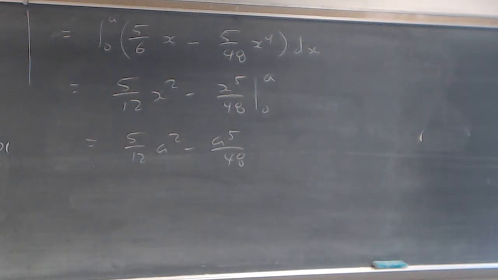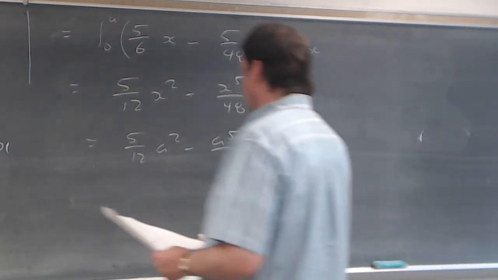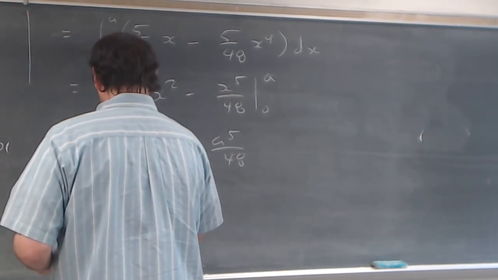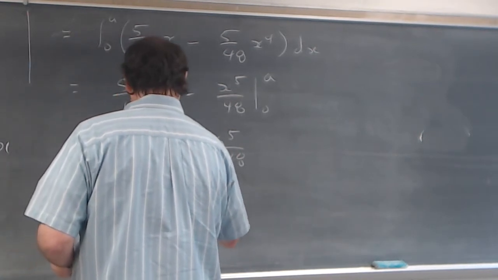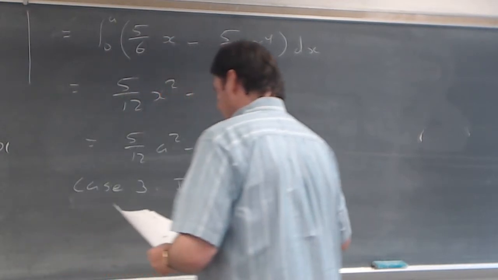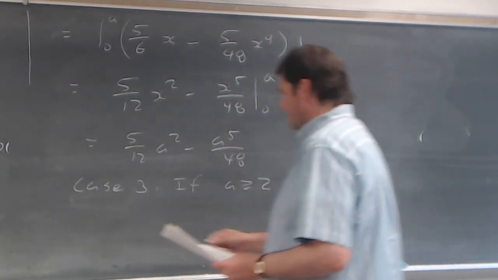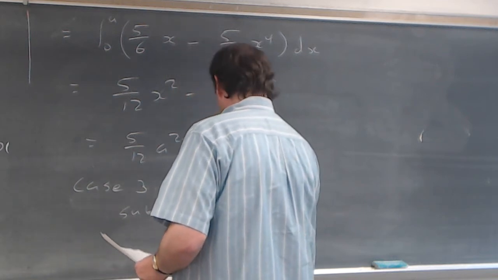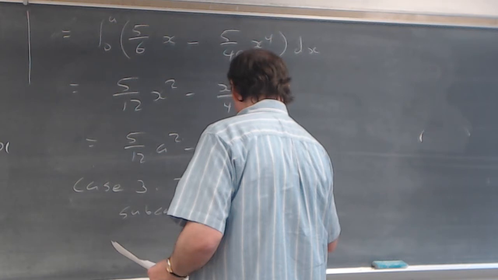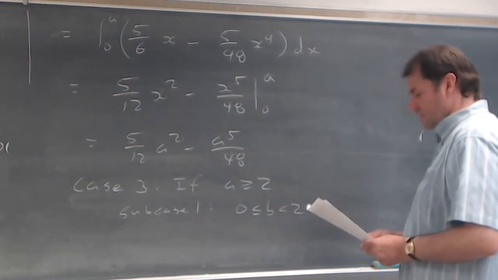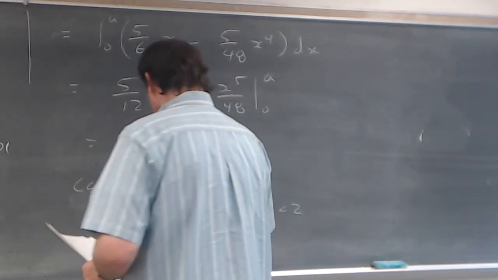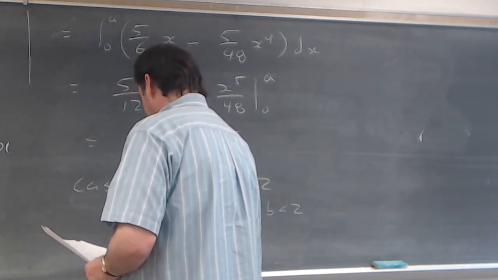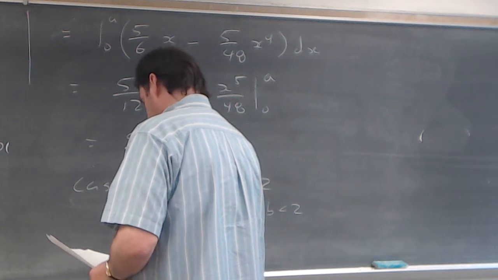And so now we look at case 3, if you will, where a is bigger than or equal to 2. We're going to have two subcases here. So subcase 1 is going to be that b is between 0 and 2. And in this case here, that's going to be, again, the interval from 0 to b, that's what the y's run from.